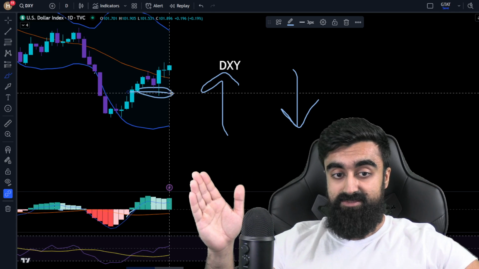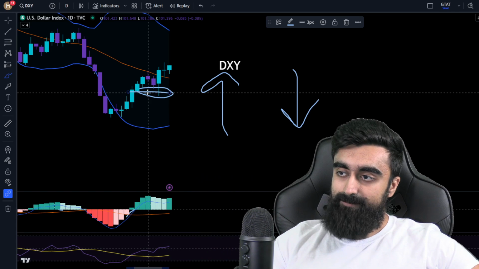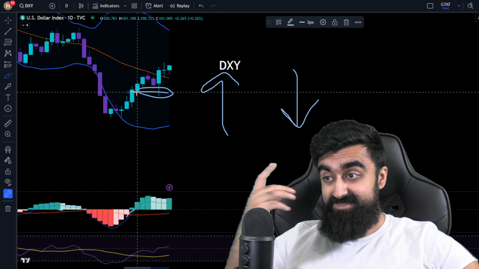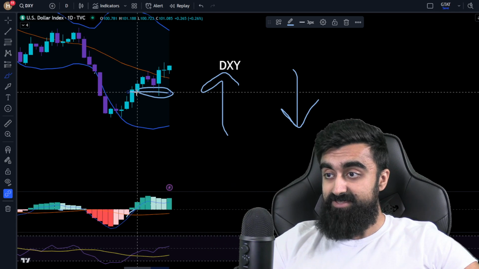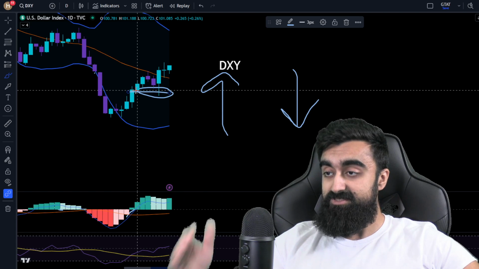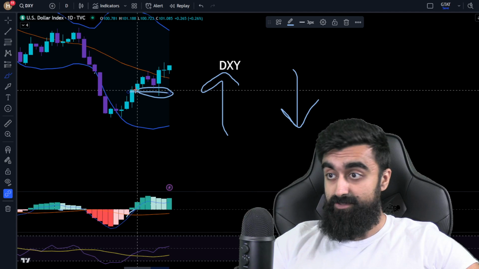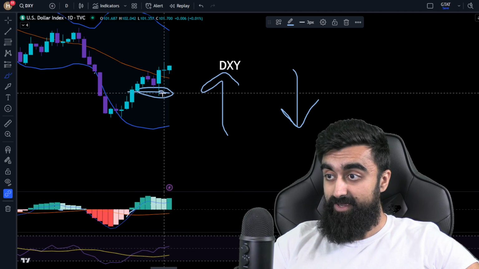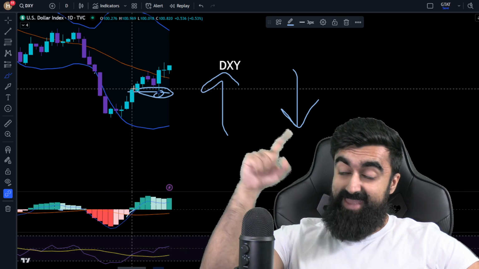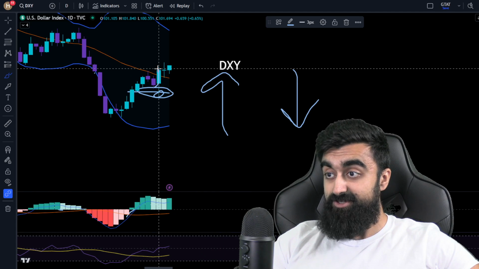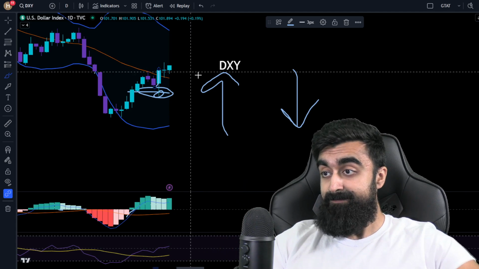When you wick below a support, that is usually a stop hunt, right? So they were basically just trying to find people that had stop losses below this candle here. And we can see that we wicked below that low and then ripped to the upside. So this was a bear trap turned into a very, very bullish move, right?